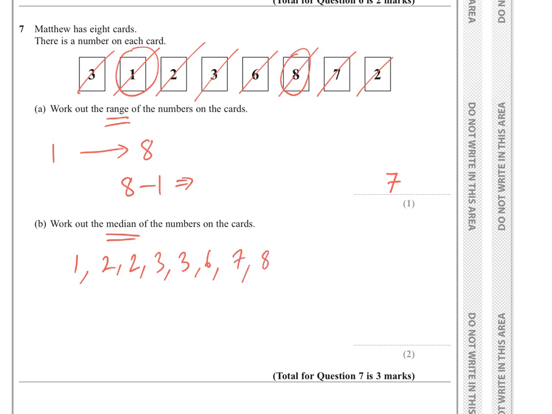And we've got to find the middle one. And if there isn't a middle one, then we have to look at the 2 in the middle. Okay, so if we look halfway, then we've got 4 going this way and 4 going that way.